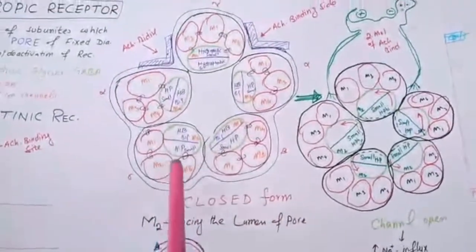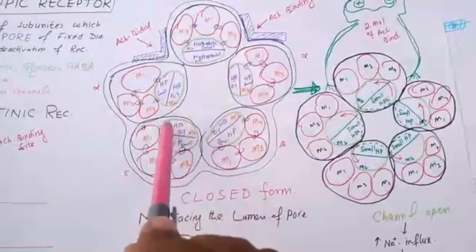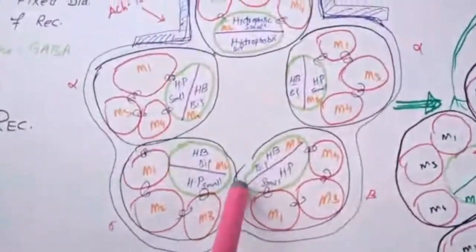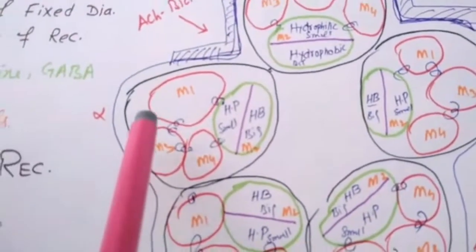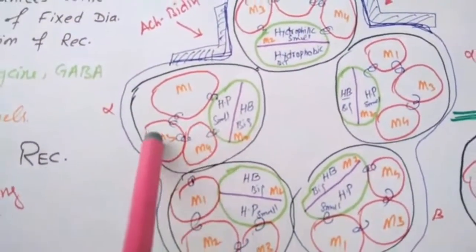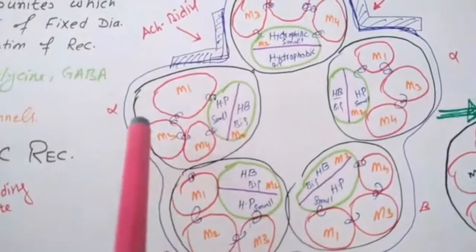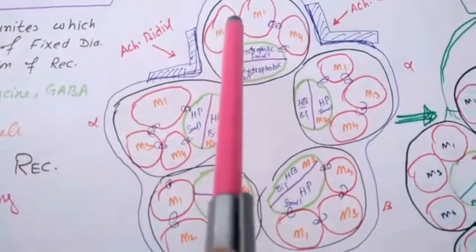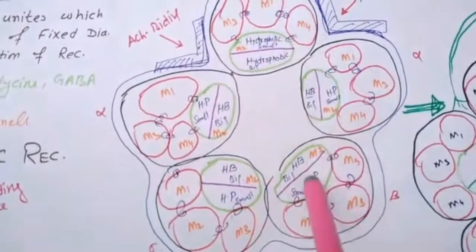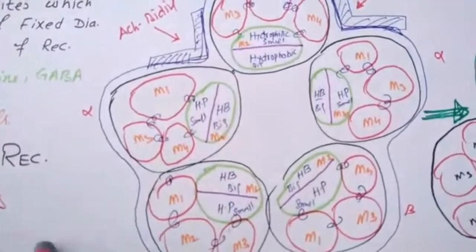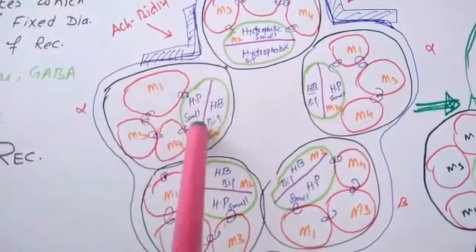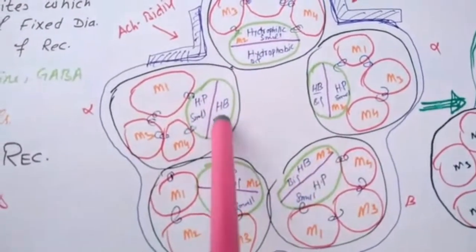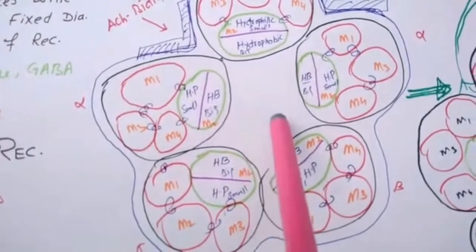Remember, each subunit of this pentameric channel is further composed of 4 subunits, that is M1, M3, M4, M2. M1, M3 same. Among these 4, the M2 subunit is facing the lumen of the channel.